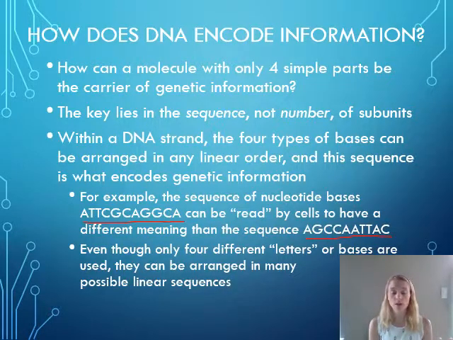You know, all the words that we can come up with use a 26-letter alphabet. We can come up with just as many, if you will, with our 4-letter alphabet, the way that it gets interpreted later on the ribosome when we do protein synthesis. So even though there's only 4 letters, they can be arranged in all of these different sequences that are going to allow us to have the diversity that we need to create life.